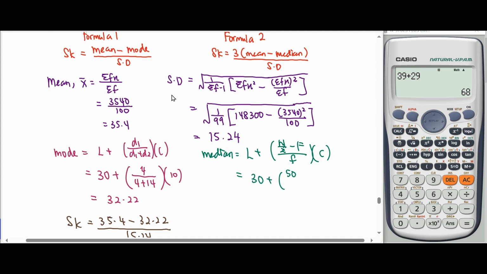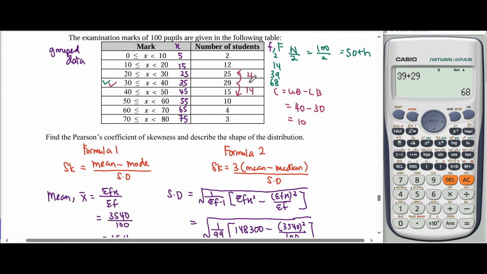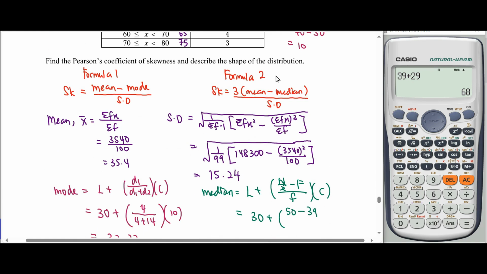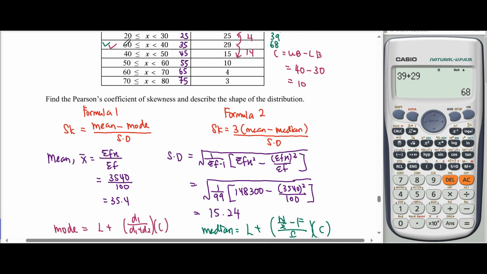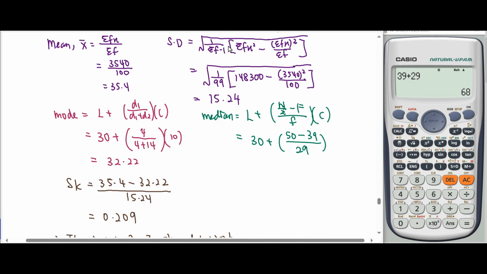Position is 100 divided by 2, 50, minus the cumulative before the class, which is 39, divided by its own frequency. This class frequency is 29. And the size of the class we already calculated just now because we are using the same classes here. So the modal class also equals our median class in this situation. Therefore, we can find out what is our median.